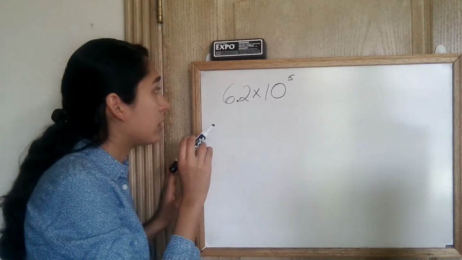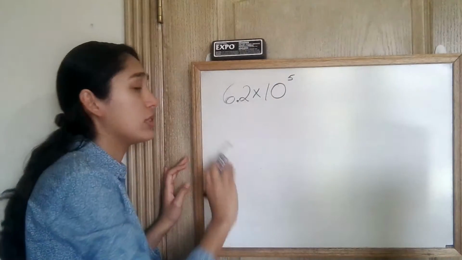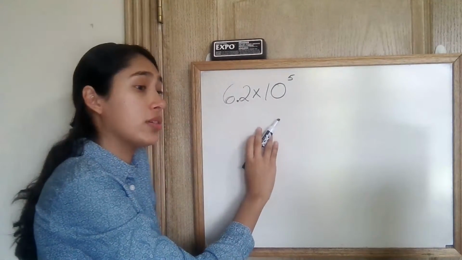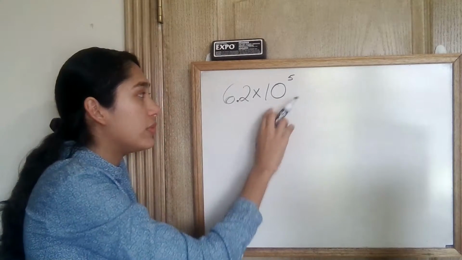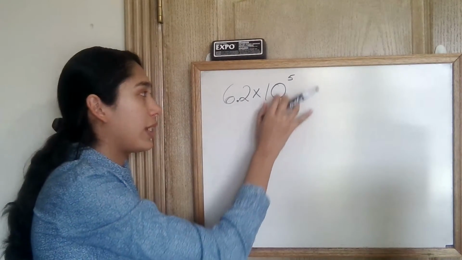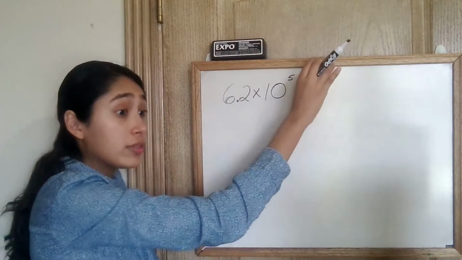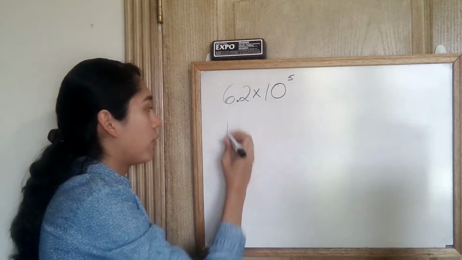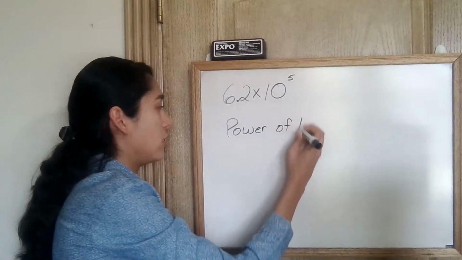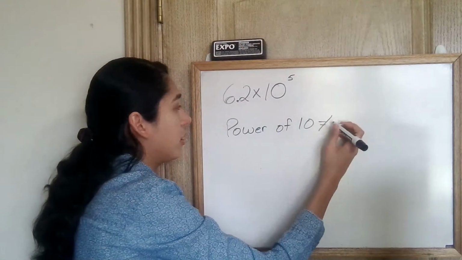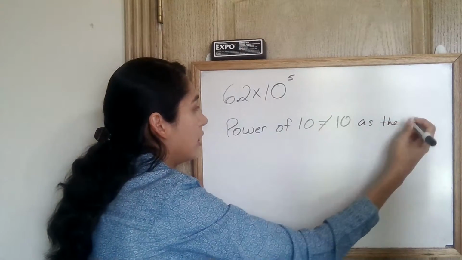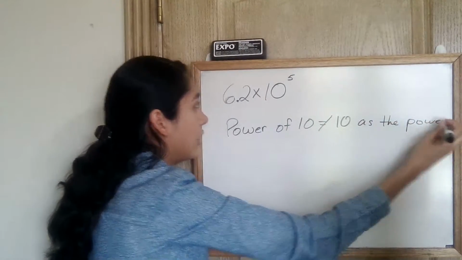So right here, this is now considered scientific notation, because we have a value times something to the power of 10. I know the verbiage makes it seem like there's something to the power of 10, but power of 10 does not mean 10 as the power, as in the exponent.